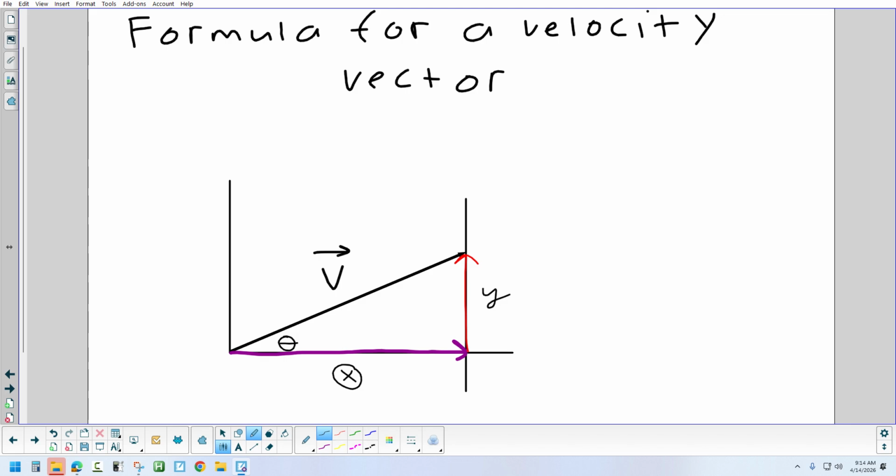So how do you think we could write down a formula that would involve the magnitude of v, theta, and x? Use cosine. Yep, we use cosine. And what would your formula be? Cosine theta, yep. X over what?